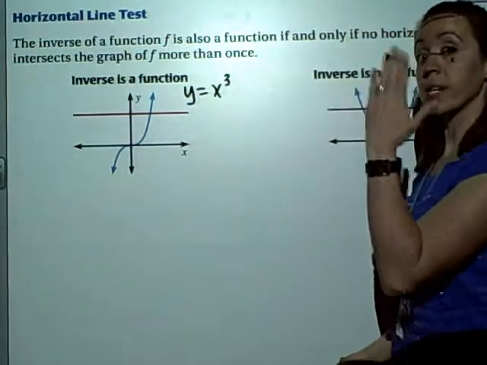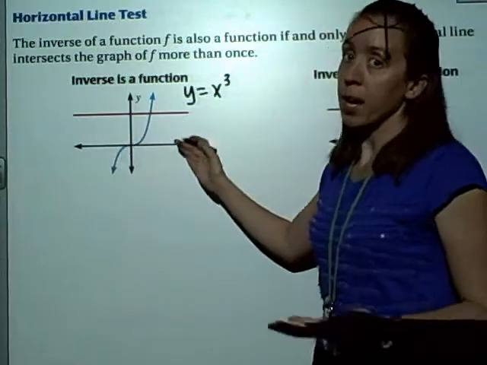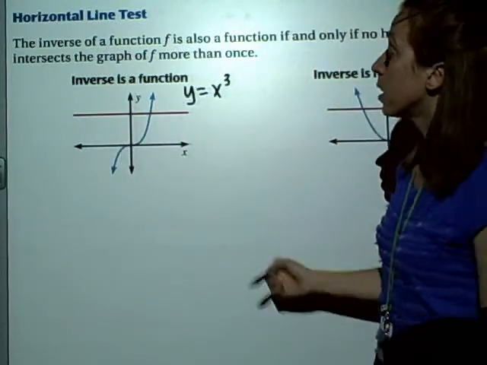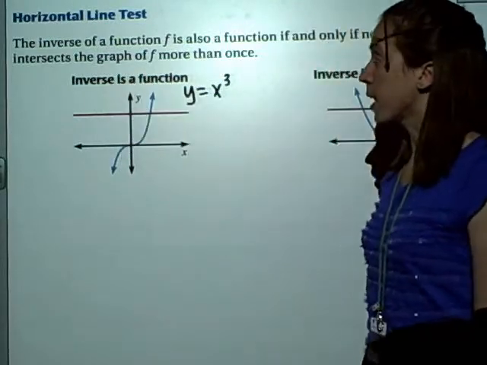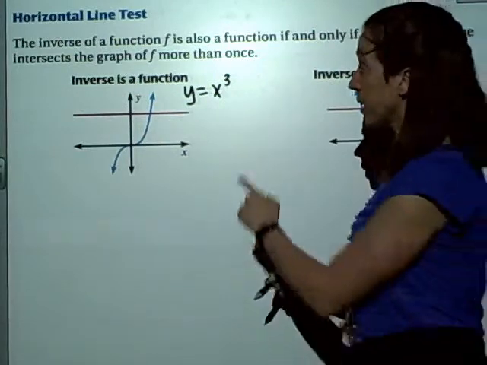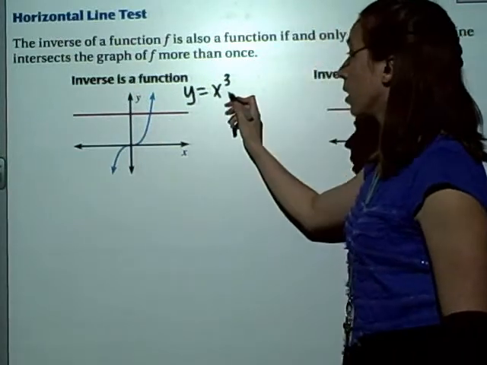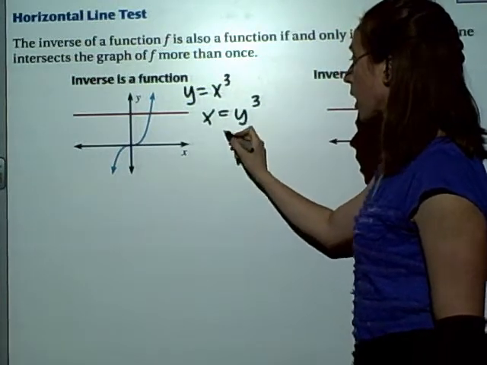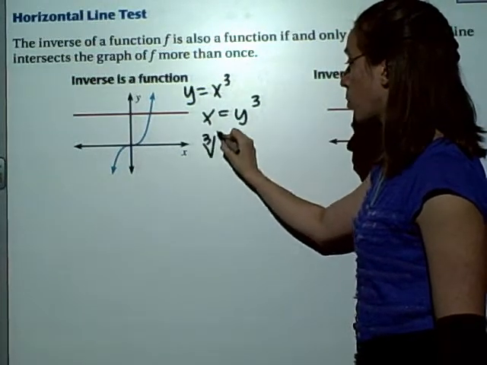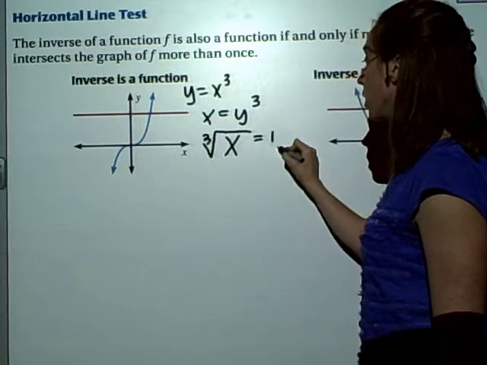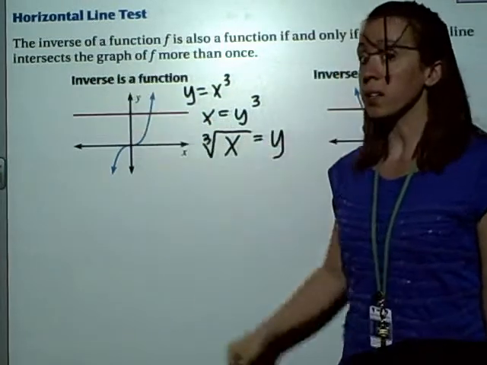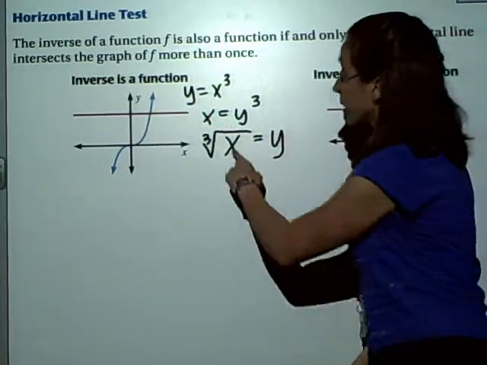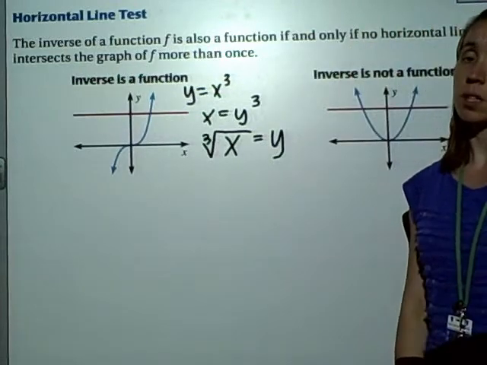If we do a vertical line test, that'll tell us that y equals x cubed is a function. Doing a horizontal line test will tell us if the inverse of this one, so again, if we switch x and y, and then if we solve for y, so y would be the cube root of x, a horizontal line test will tell us that the cube root of x is also a function.